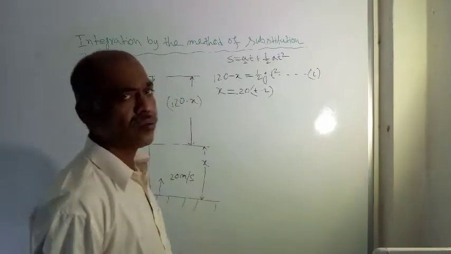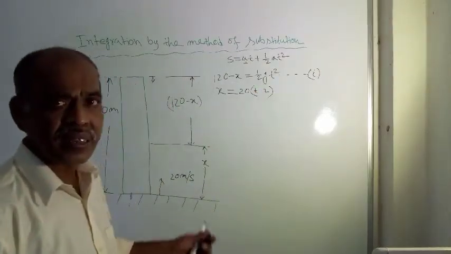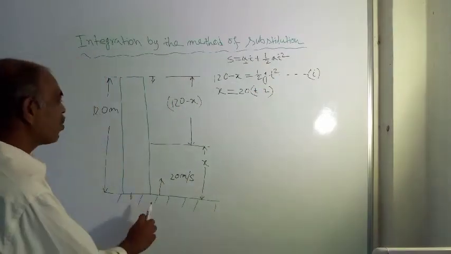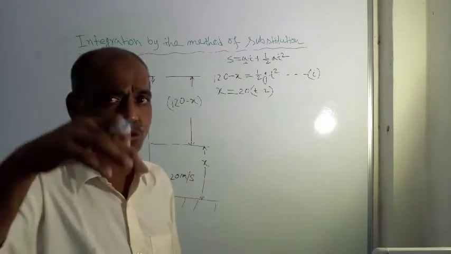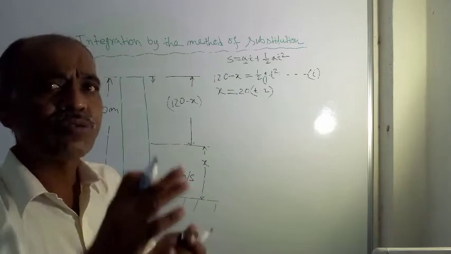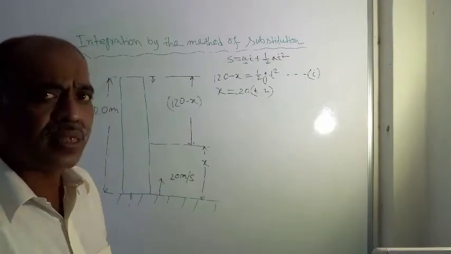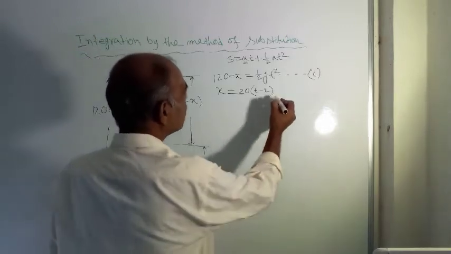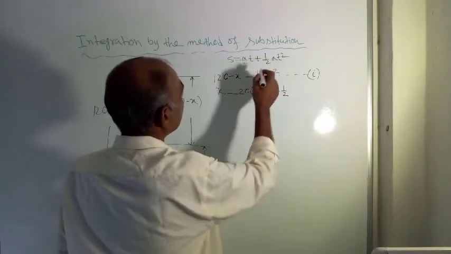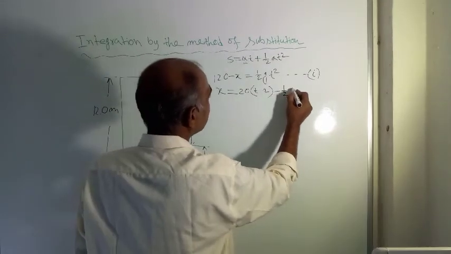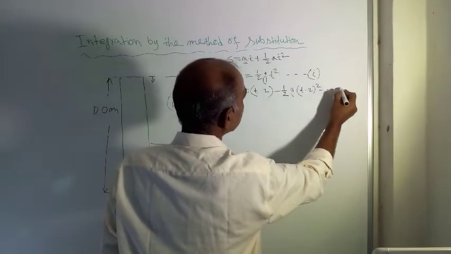Then instead of plus sign, minus sign will be there, because when it is going in the upward direction, retardation is acting, meaning negative acceleration is acting on the stone. With time, velocity will go on decreasing. So here it will be minus half g into t minus 2 squared. And this is equation number 2.